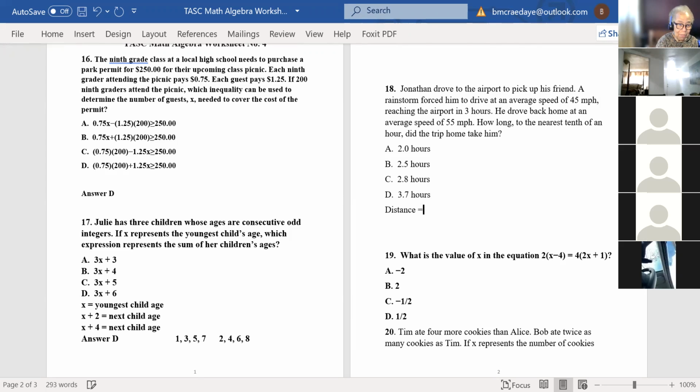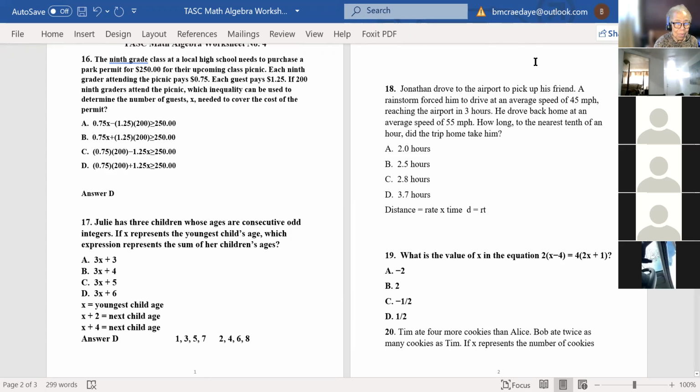Give me the formula. That's right, Vanessa. What is distance equal to? Formula. Rate times what? Time. And sometimes you see this as D equals RT. Distance equals rate times the time.